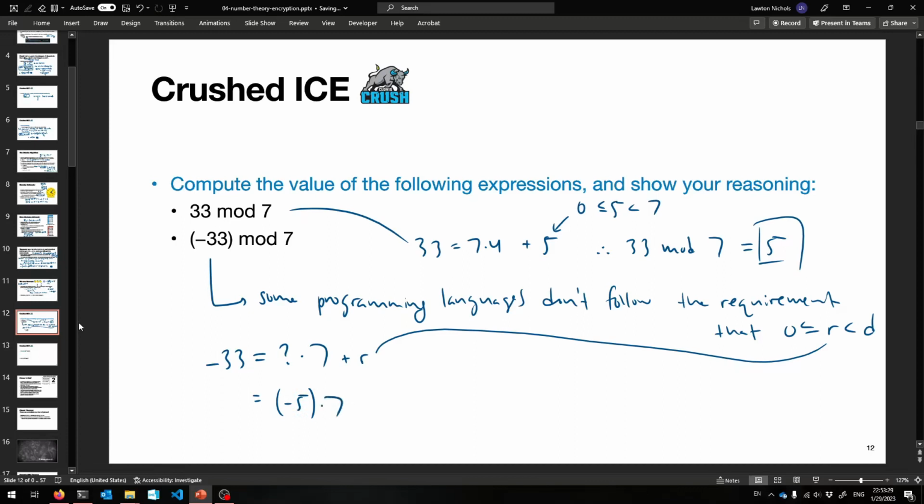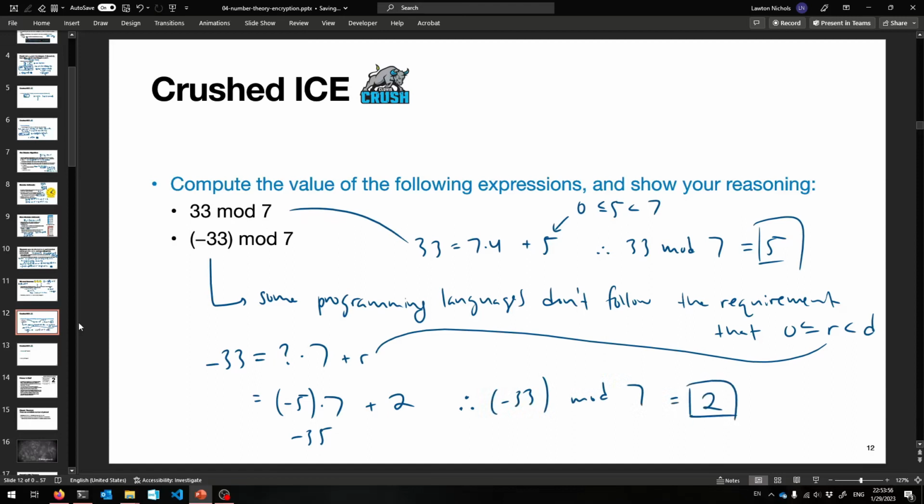Negative 5 times 7 is negative 35, and then you need to bring it back with a positive number to negative 33, so plus 2. So this is the reason why, and this 2 has to be within that range between 0 and 6 if you're doing mod 7. Therefore, negative 33 mod 7 is equal to 2.